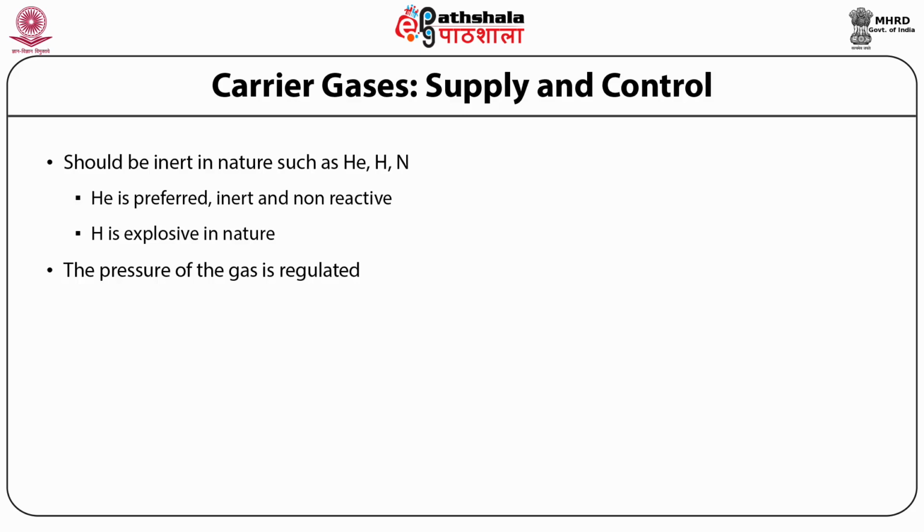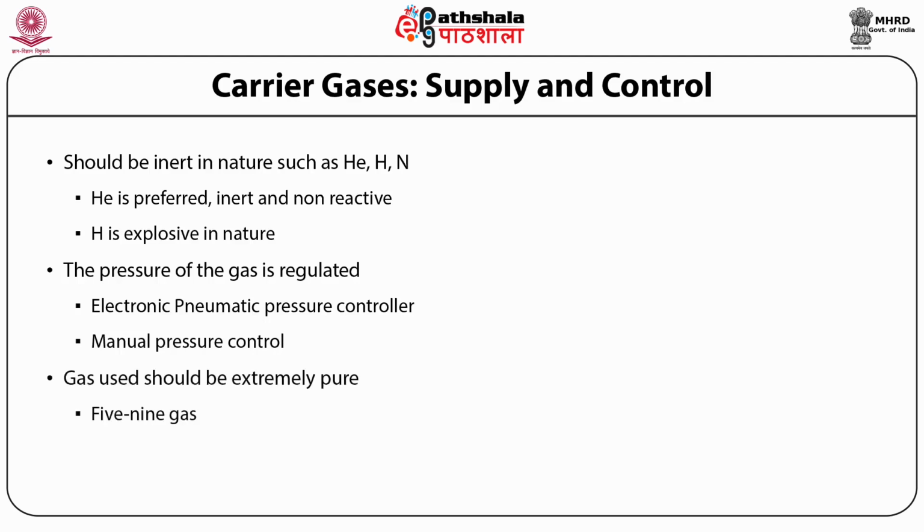Modern gas chromatograph instruments have electronic pneumatic pressure controllers, while the older ones had manual pressure control via regulators. High-grade helium, referred to as 5.9 gas, is used in the process. Now, what is this 5.9 gas? It means that the gas being used in gas chromatography is 99.999% pure.